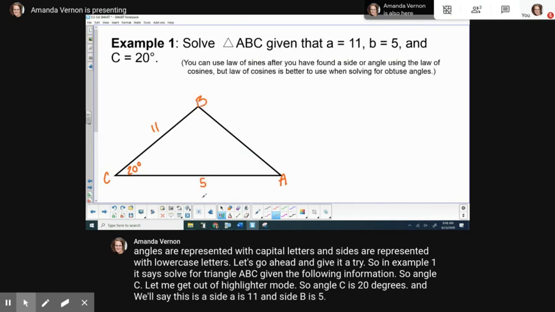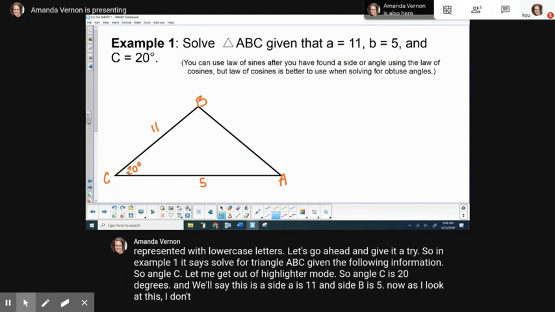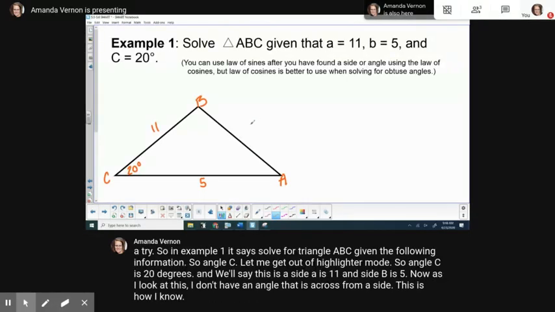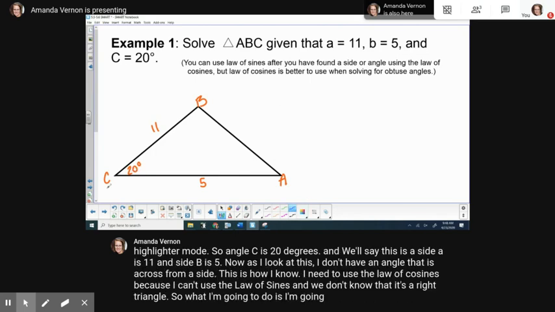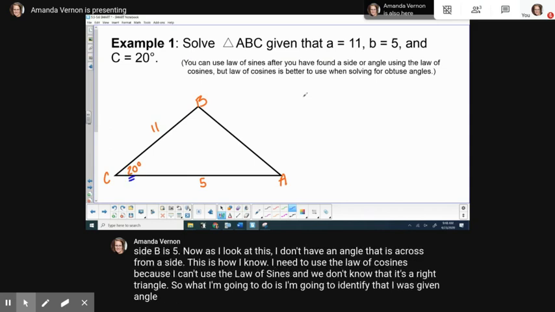Now, as I look at this, I don't have an angle that is across from a side. This is how I know I need to use the law of cosines, because I can't use the law of sines, and we don't know that it's a right triangle. So I'm going to identify that I was given angle C, which means side C is what I want to find.